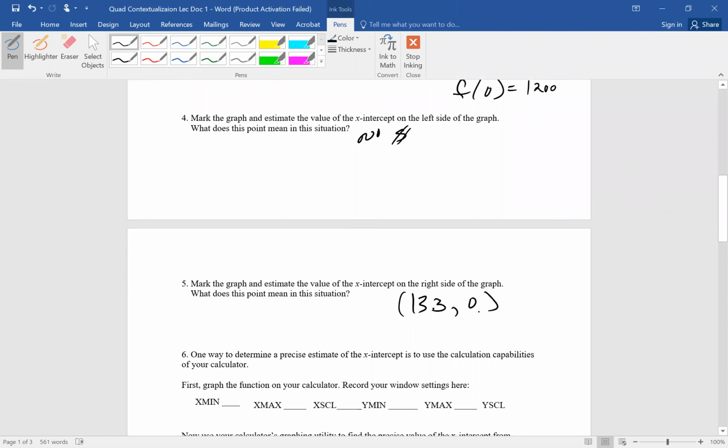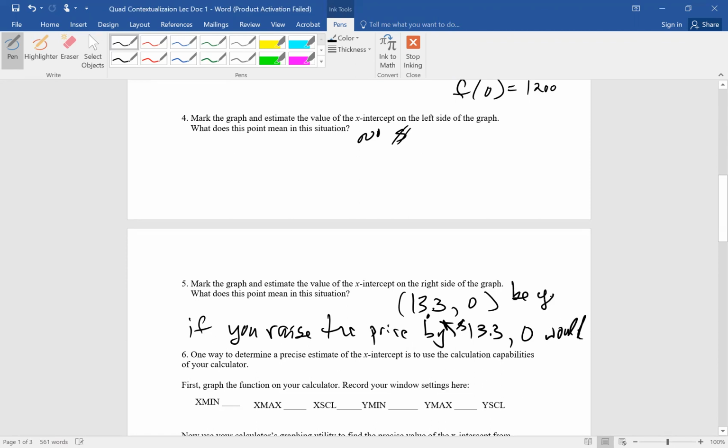And this is the point, just because I'm not writing all this out, on your future questions or midterm questions or final exam questions, when it's asking what does the point mean in the situation, what I'm really looking for is an actual sentence that says, if you raise the ticket price by $13.3, 0 would be your profit.